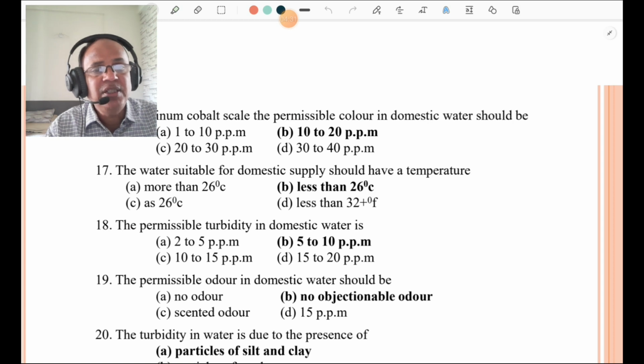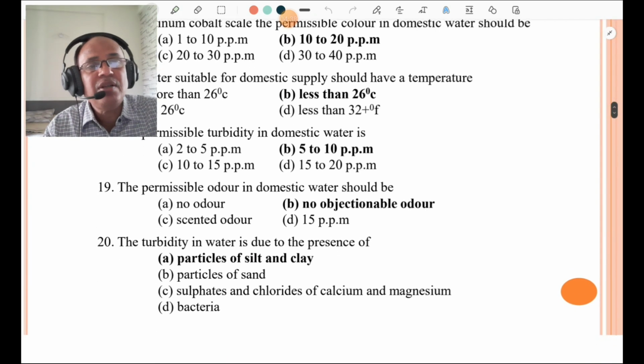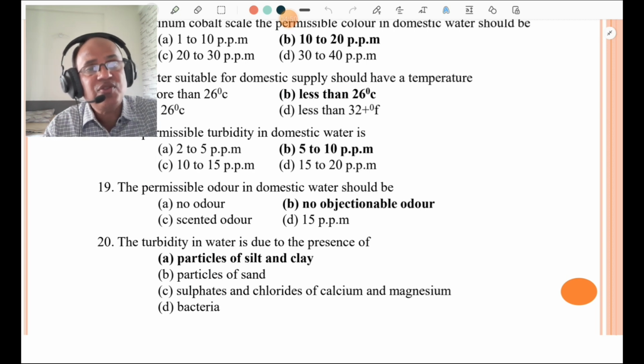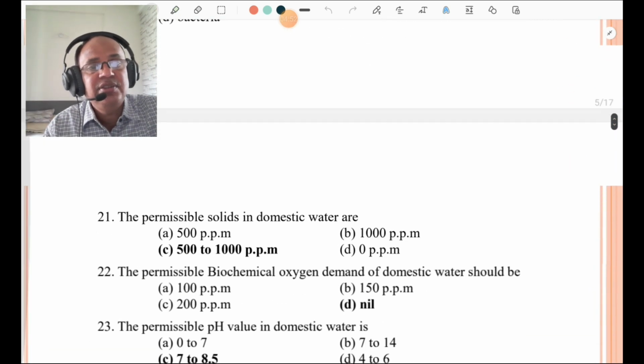The permissible odor in domestic water should be no objectionable odor. The turbidity in water is due to presence of particles of silt and clay, not due to particles of sand, not due to bacteria, but due to particles of silt and clay.